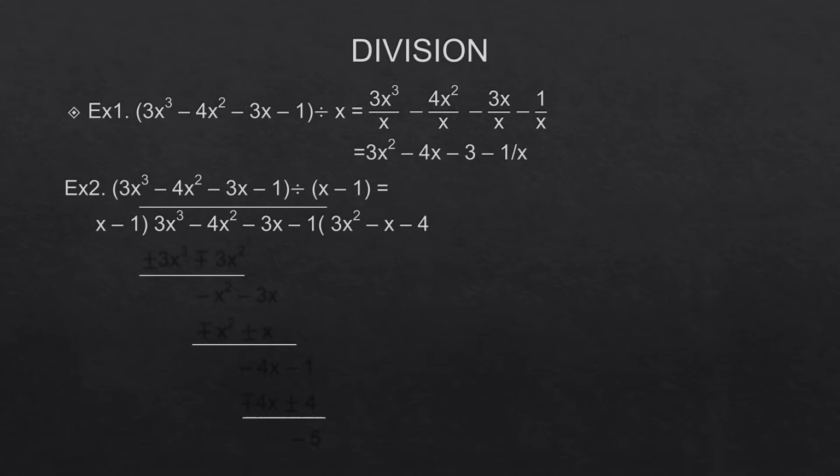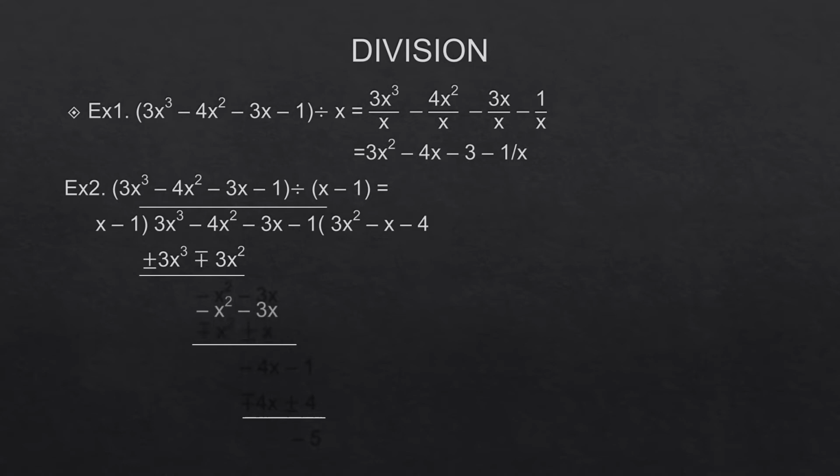If x minus 1 is multiplied by 3x square, we get plus 3x cube minus 3x square. The sign on the top is the actual sign which comes, and we are supposed to change the sign. Whatever the changed sign is, that is written at the bottom.